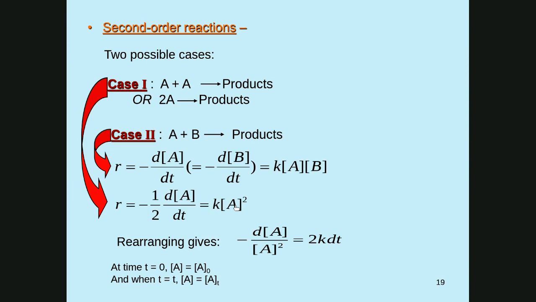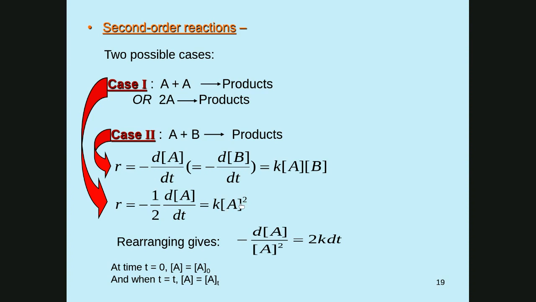So this is the form of the rate equation for second order reactions, which are homomolecular reactions between two similar molecules, right?